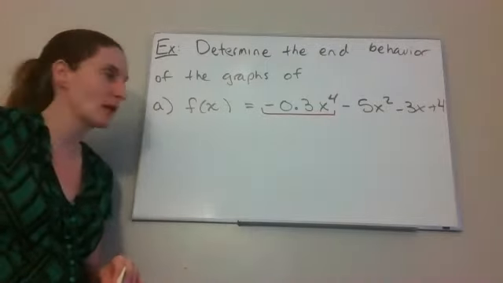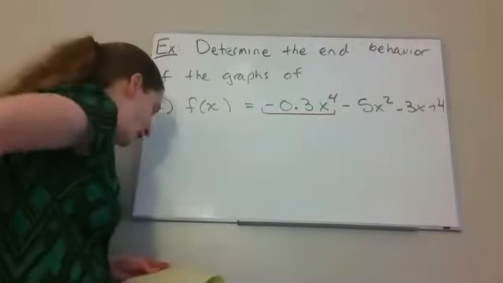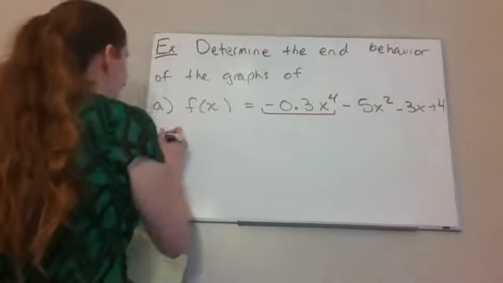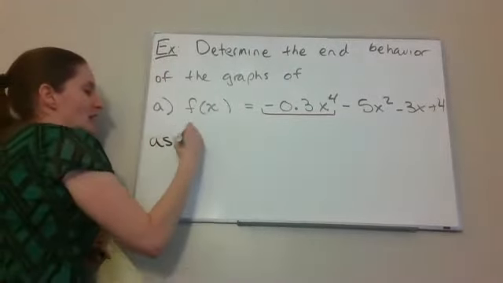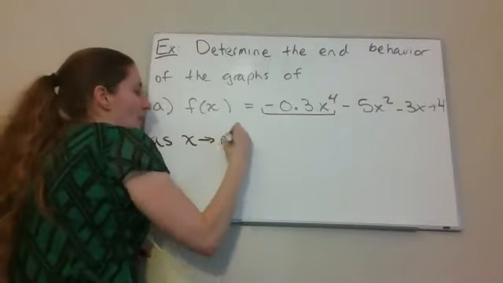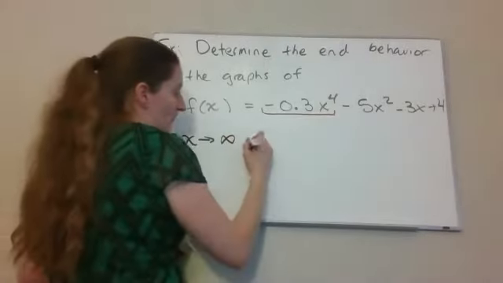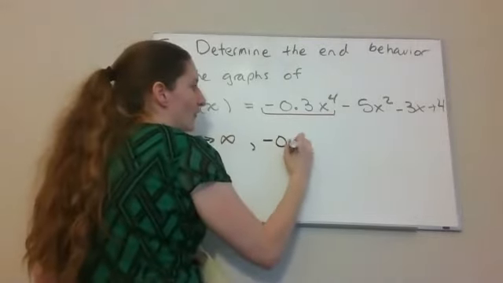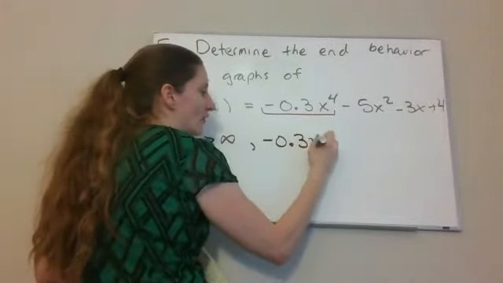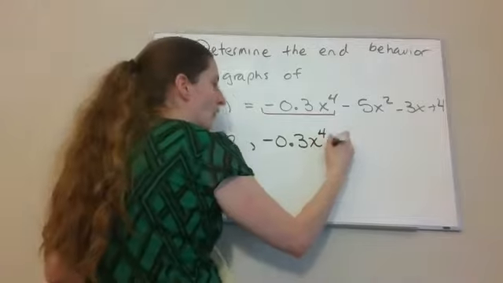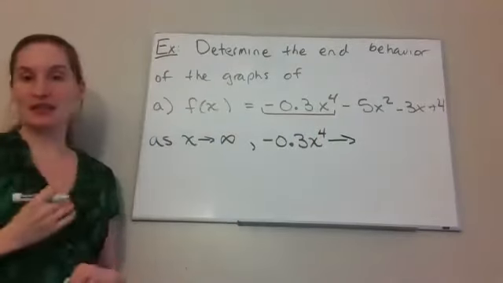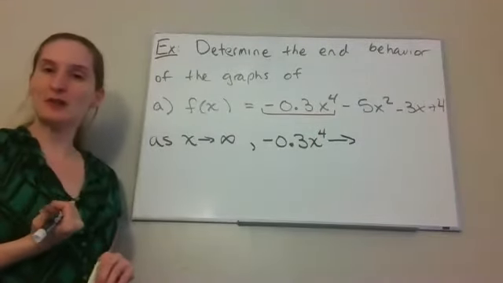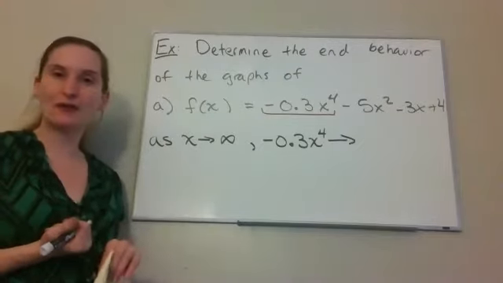So let's first figure out what happens as our x gets really, really big in the positive direction. So as x goes to infinity, this first term, negative 0.3 x to the fourth, what happens to that? So think about plugging in really, really big numbers into that x to the fourth.